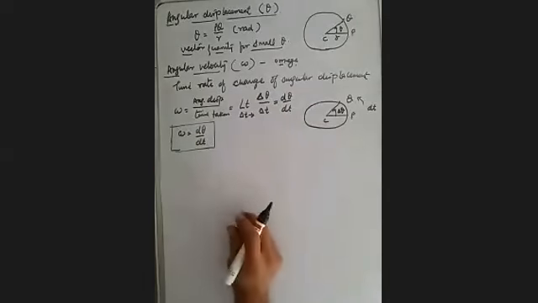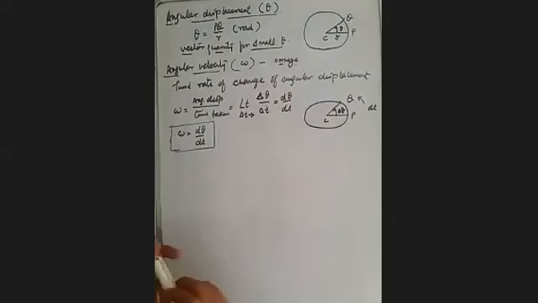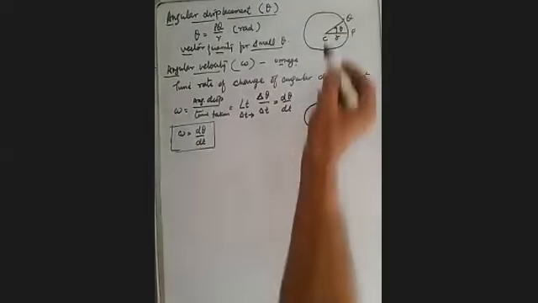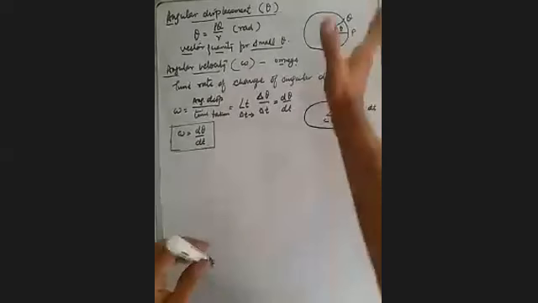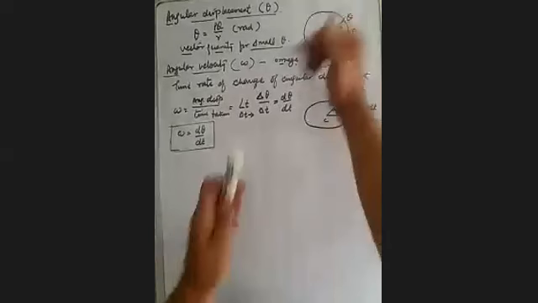And the direction of this angular velocity follows the right hand rule, like we had discussed in the case of angular displacement. When we turn the fingers in the direction the object is moving on a circular path, the direction of the thumb gives the direction.